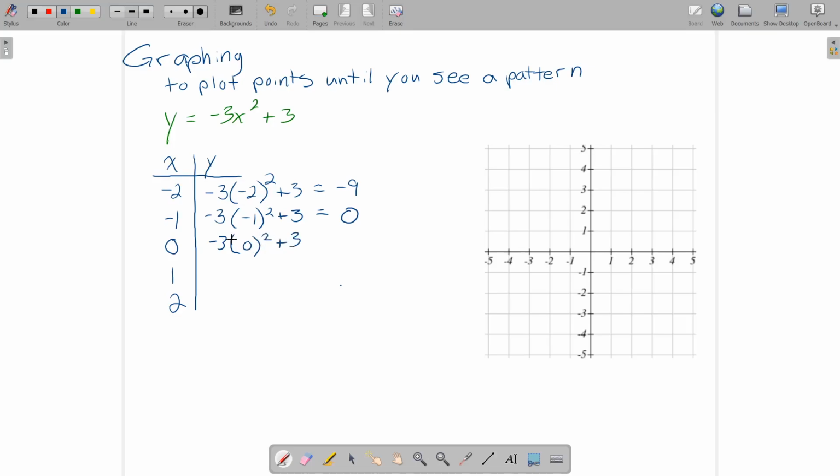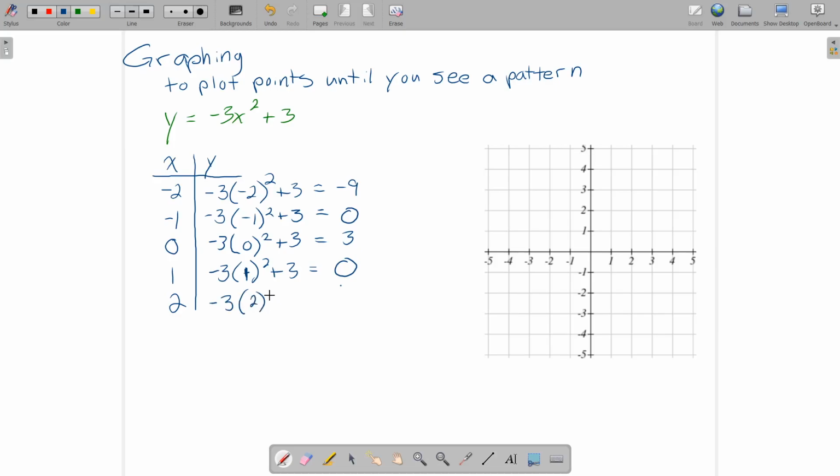Zero squared is 0, times negative 3 is still 0, plus 3 is 3. Oops, positive 1, plus 3. 1 squared is 1, times negative 3 is negative 3. Negative 3 plus 3 is 0, which we've seen before. Interesting.